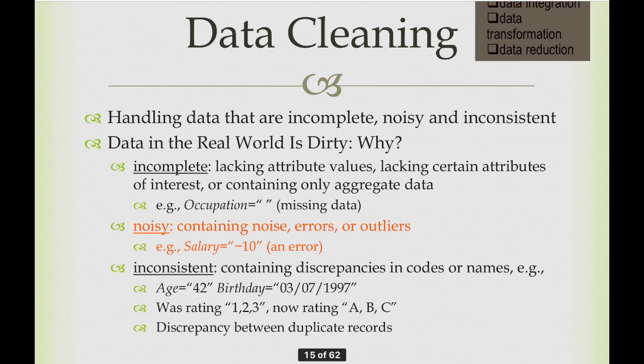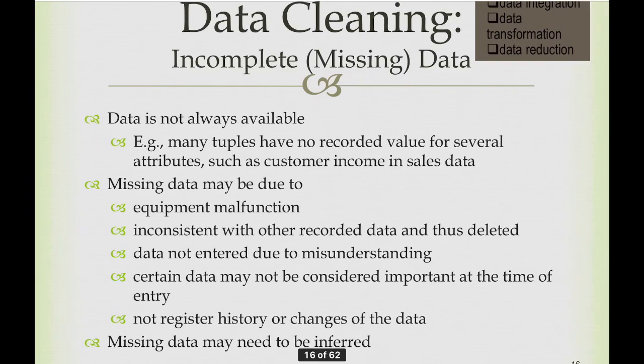It is not 42 years old, right? And then some tuples, ataupun some rows, some data of one person, dia tulis dekat situ rating 1 to 3, but then some rows tulis ABC. So this is not consistent. Sebenarnya benda ni dalam satu kolom yang sama lah. And then there are some discrepancies between duplicate records. Ada banyak duplicate records lah dekat dalam tu.